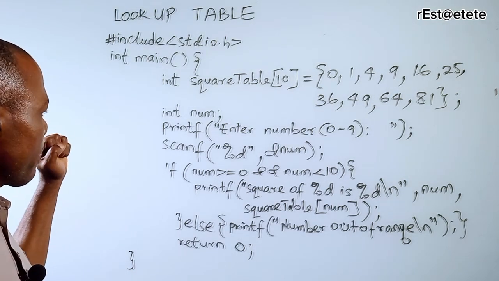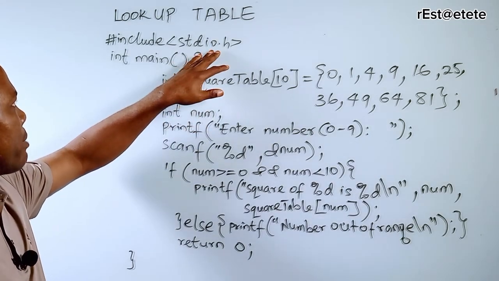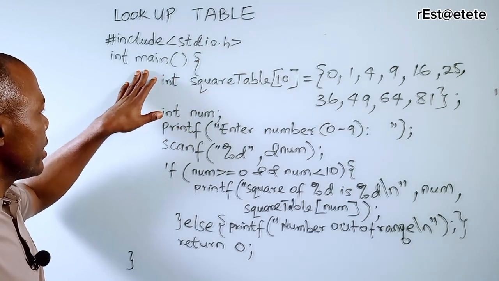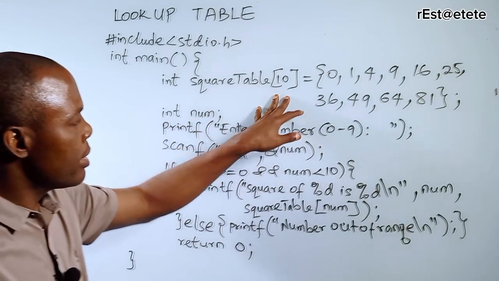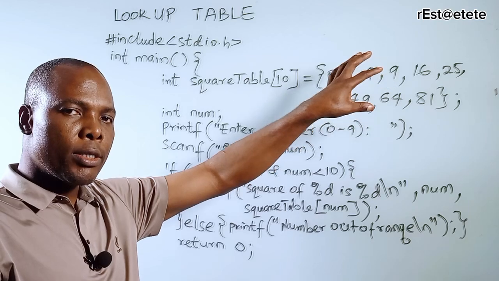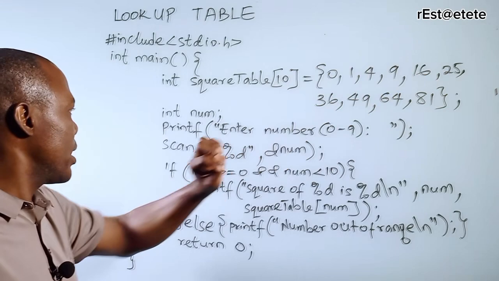So what am I doing? I brought in my preprocessor directive, standard input output header. In this main, I'm creating an array of 10 numbers. So what is inside this array? I am putting the square of numbers from 0 to 9. That's what I have inside that table.